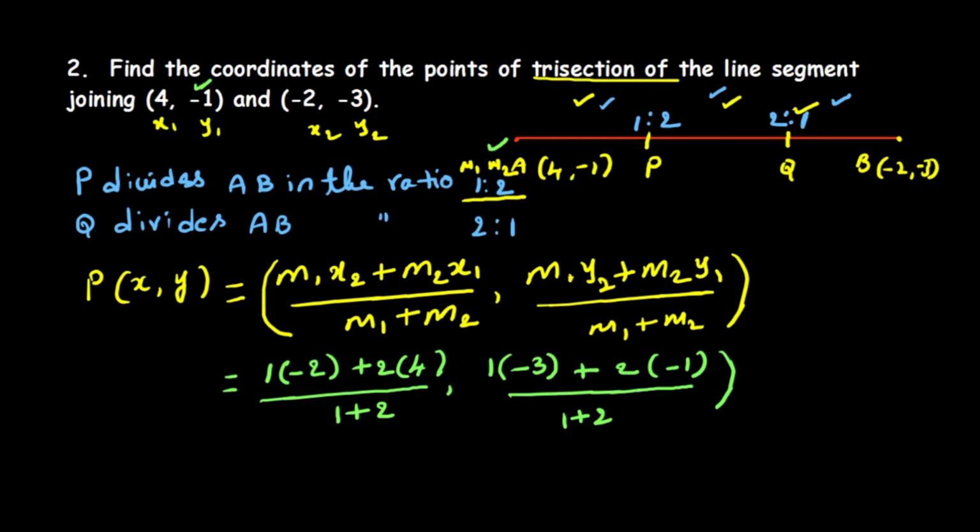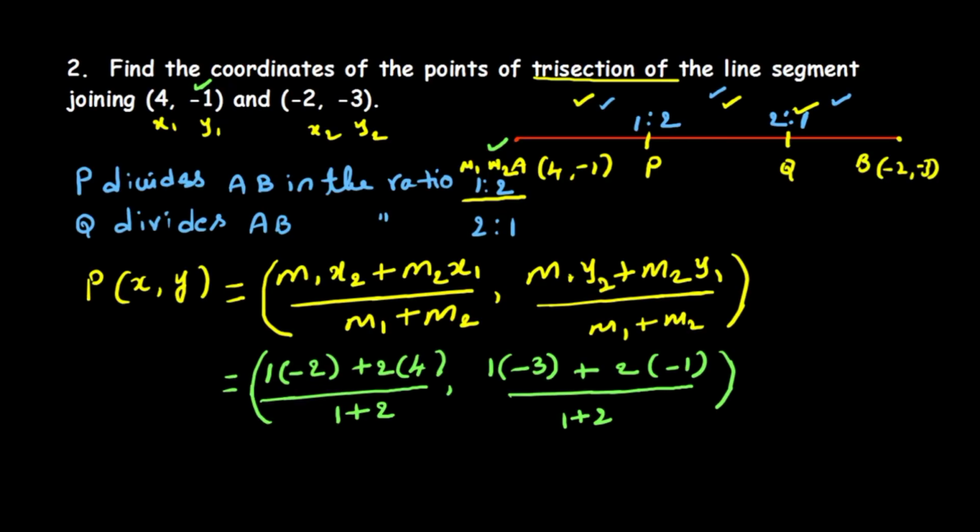So 1 into -2 is -2, plus 2 into 4 is 8, by 3, because 1 plus 2 equals 3.